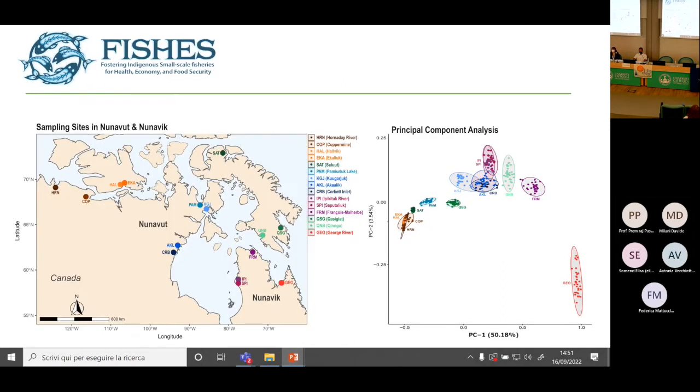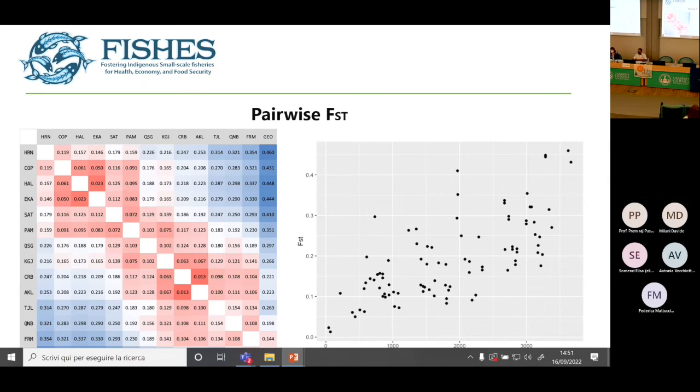So this is our new study area that we are still expanding, and you can see how important the west to east spatial structure is in the principal component analysis. Half of the genetic variance is explained by that axis. We also found again our pattern of isolation by distance based on pairwise FSTs.